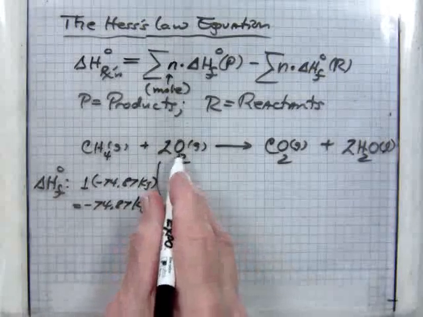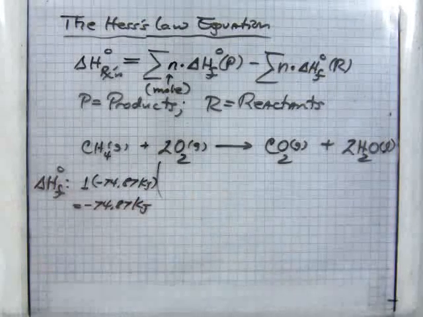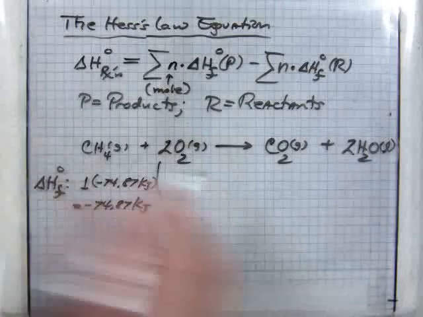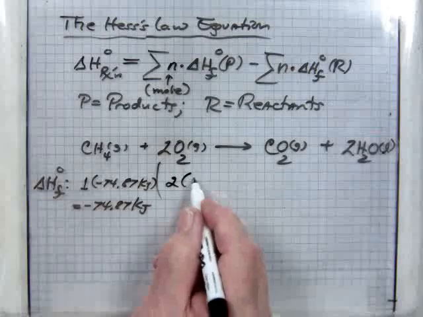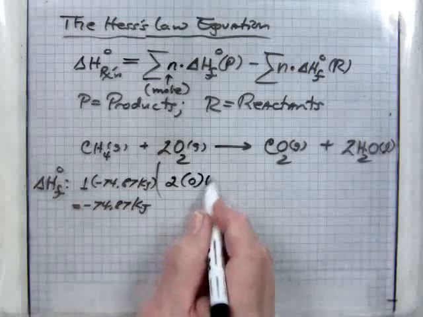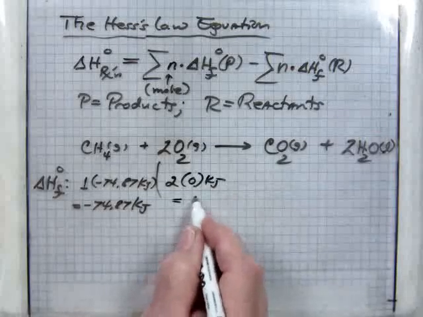The second one, oxygen: if you look it up, that's a basic standard state element, and it's 0 for all your delta HFs. So this one is 2 times 0 kilojoules, and of course that's 0 kilojoules.